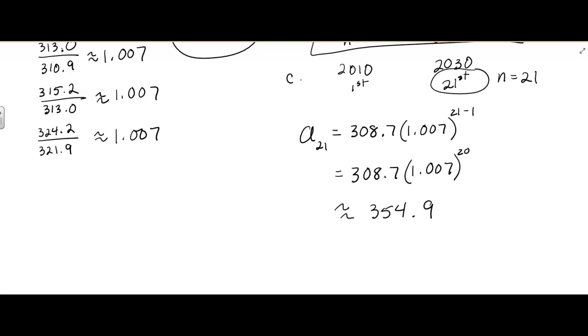So we're going to say in 2030 that our prediction is 354.9 million people.